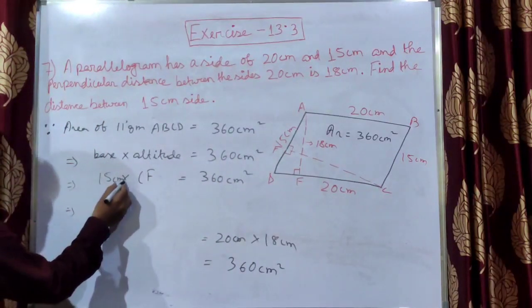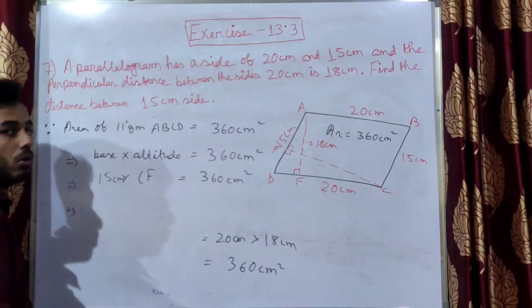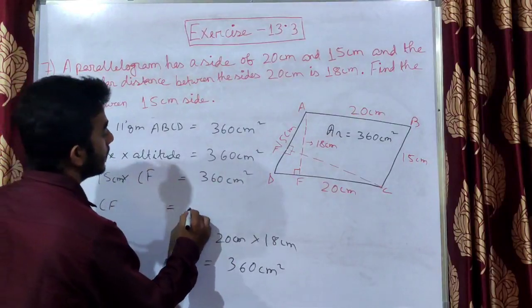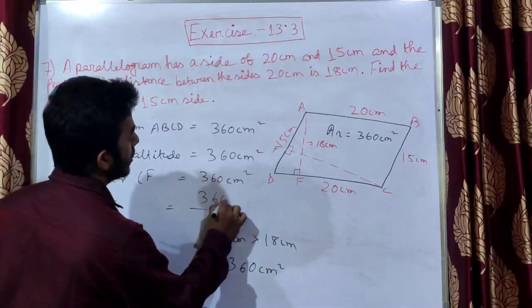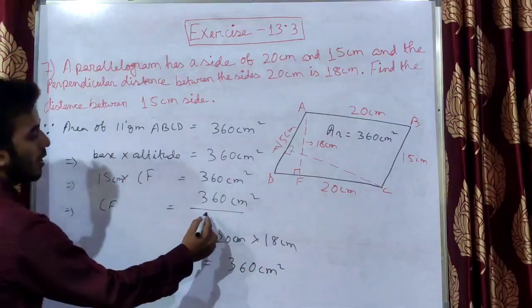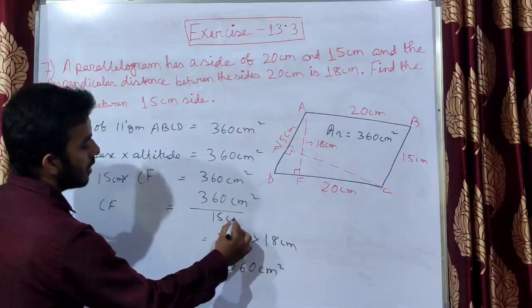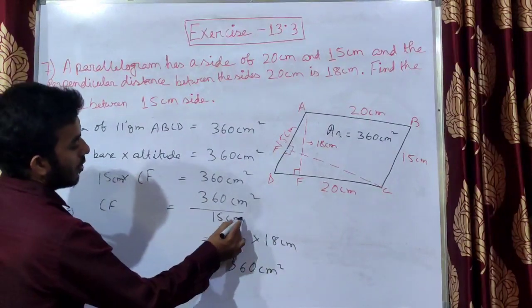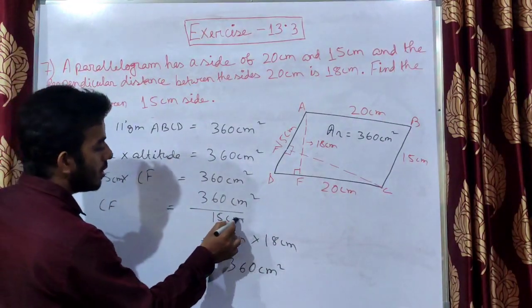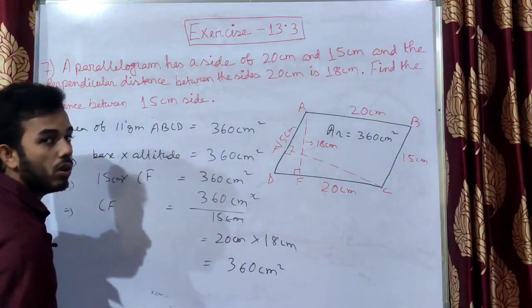Now as there is multiplication, when we change the side it will become division. So CF equals 360 centimeter square divided by 15 centimeter. Centimeter square means centimeter into centimeter, so one centimeter will cancel and one centimeter will be left.